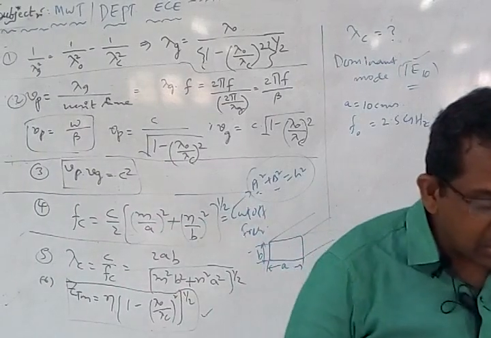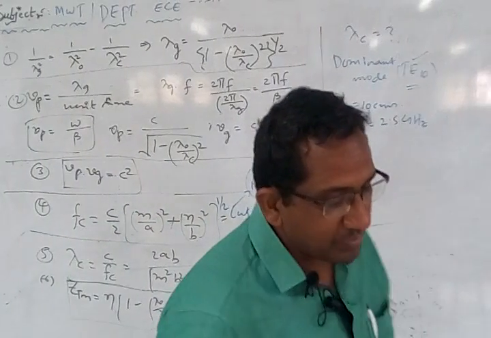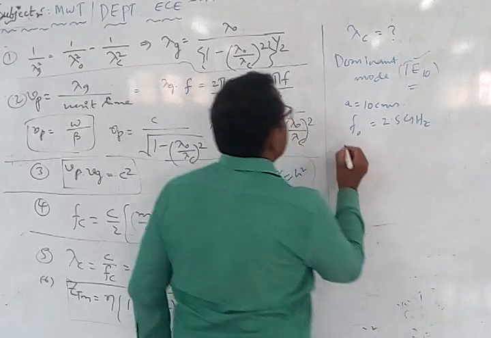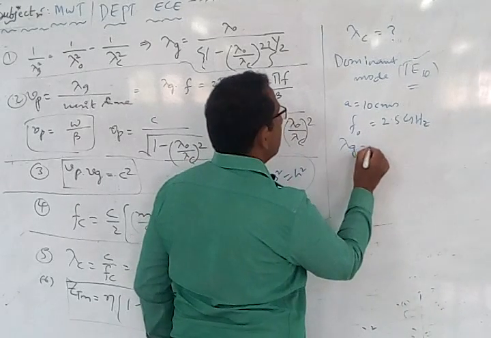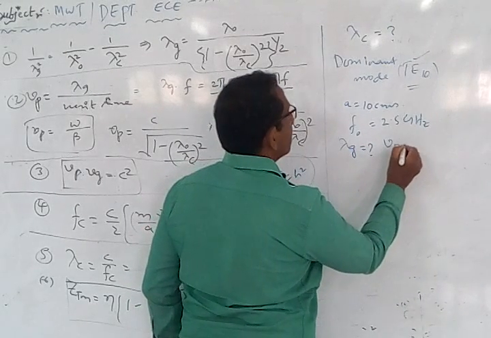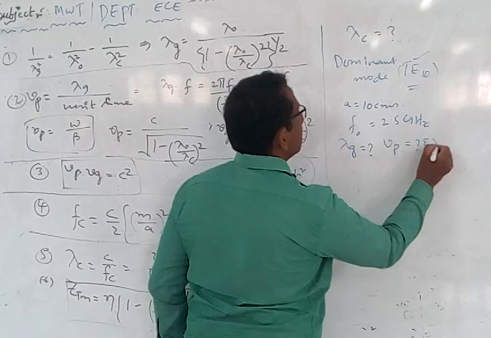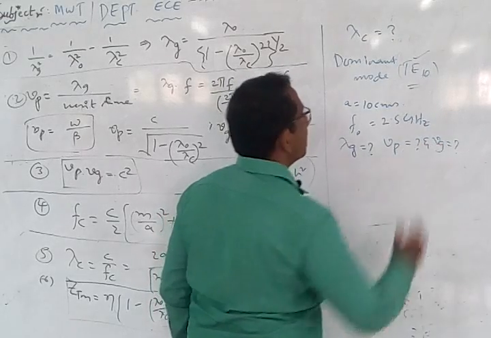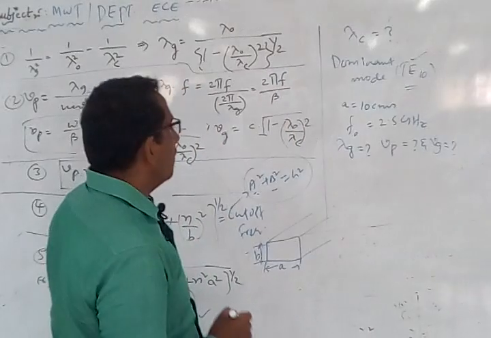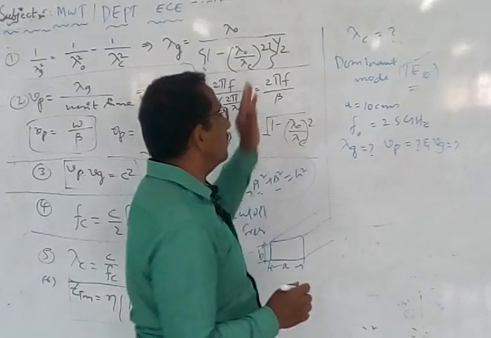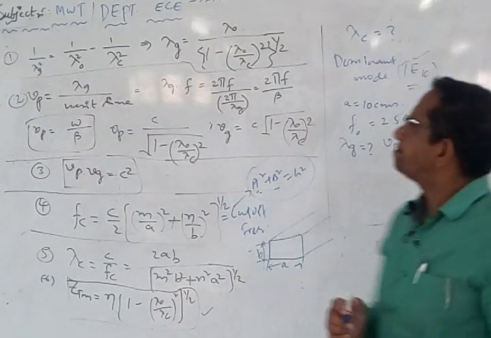Next, calculate the guide wavelength, group velocity and phase velocity. He is asking us to find the guide wavelength, phase velocity and group velocity Vg. So these parameters you have to simply find out. Now how do we find these parameters? Just using the formulas.